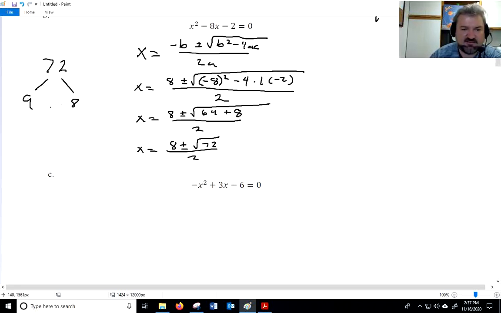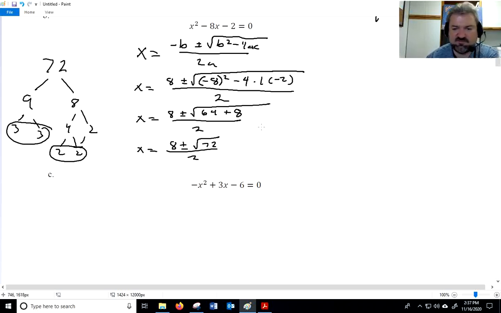That's 9 and 8, which is 3 and 3, which is 4 and 2, which is 2 and 2. So I got a pair of 2's and a pair of 3's and 1 2 left over inside. So it's going to look like this. X equals 8 plus or minus 3 and 2 come out to the outside, giving me a 6, root 2 all over 2.